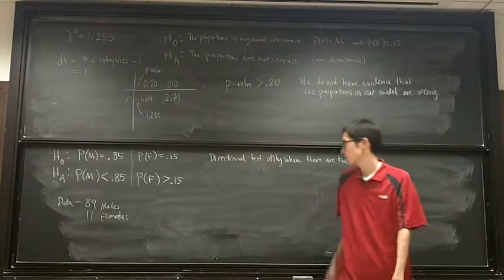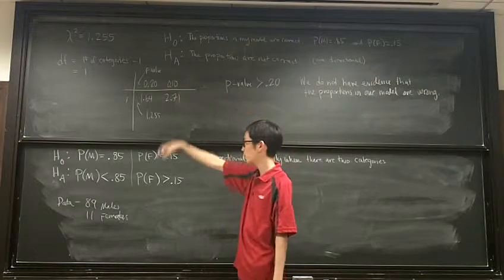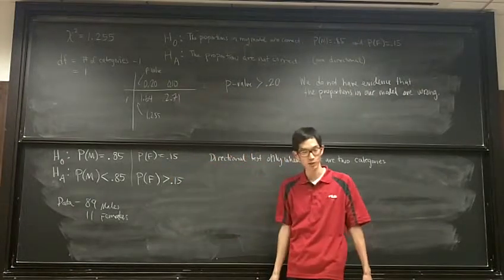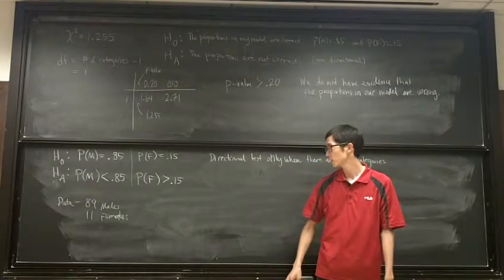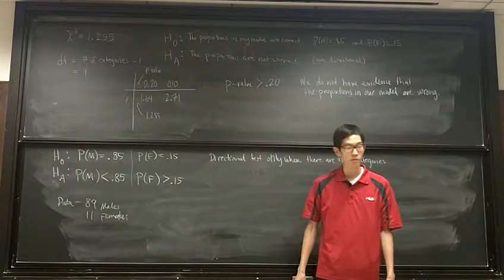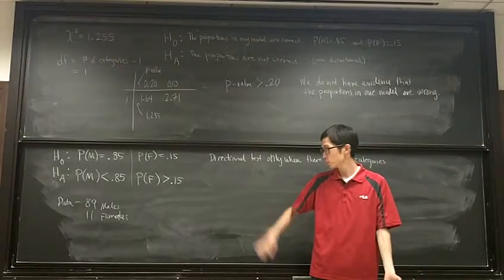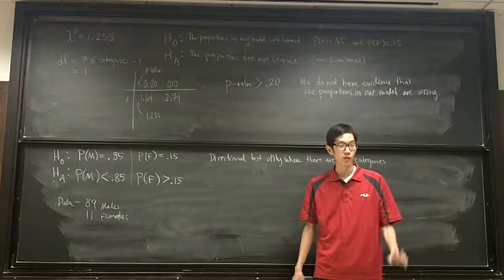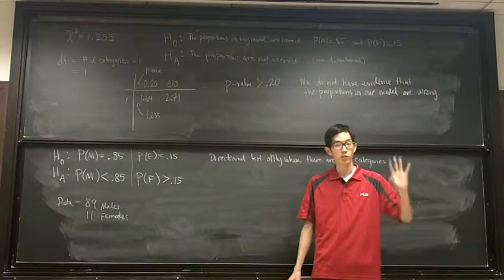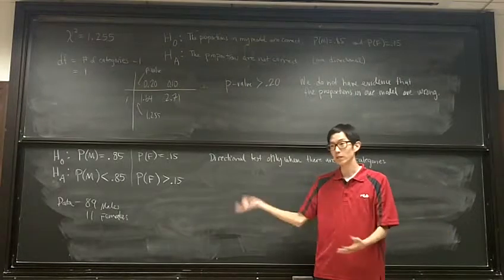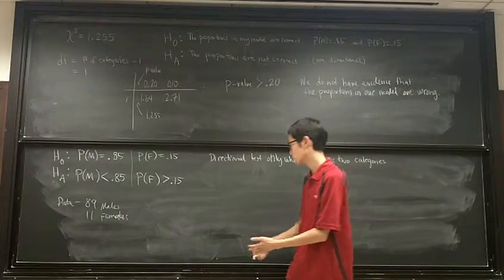Someone says, I think the proportion of males is 85%, proportion of females 15% of the army. And someone says, no, that can't be right. There's got to be more females than that. They take a random sample of 100 people, and they get 89 males and 11 females. So at this point, we don't even have to go on with the test. We can just say our data definitely does not support the alternative. We have no evidence supporting the alternative.